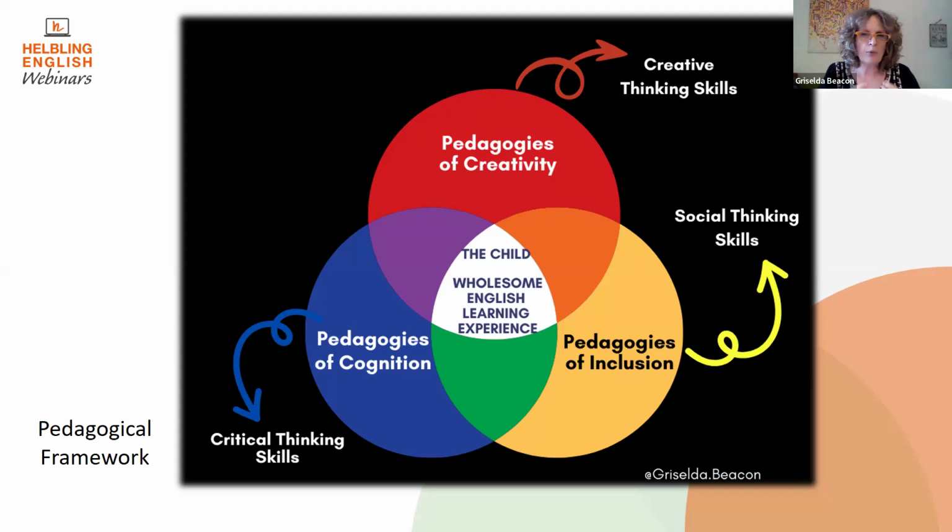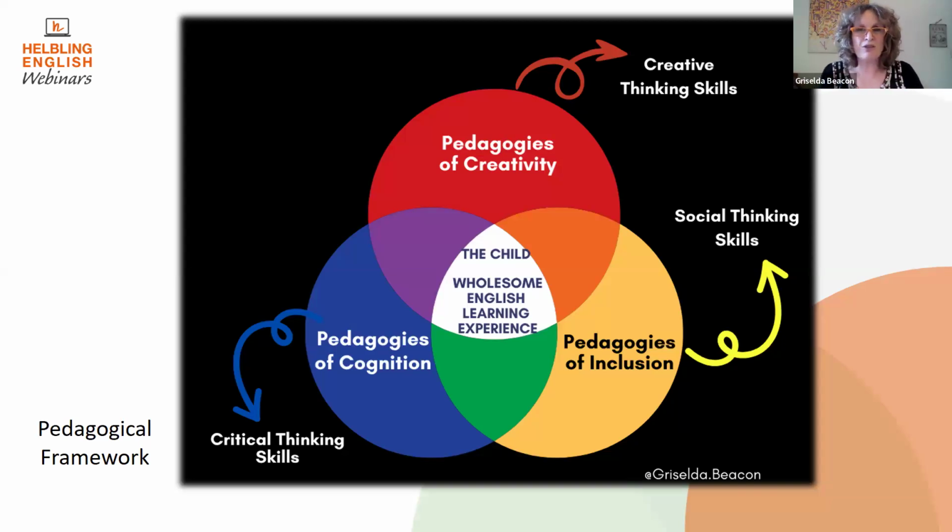Now, if we would like our child to have a wholesome English learning experience, we need to add to the pedagogies of cognition, pedagogies of creativity and pedagogies of inclusion. When we think of pedagogies of creativity, we think of the teacher who came with a big stroller to the classroom, right?